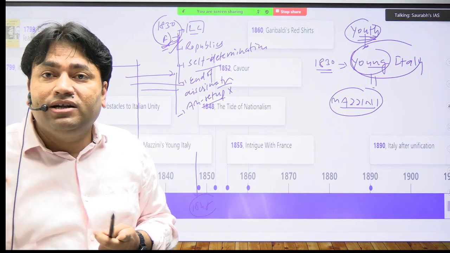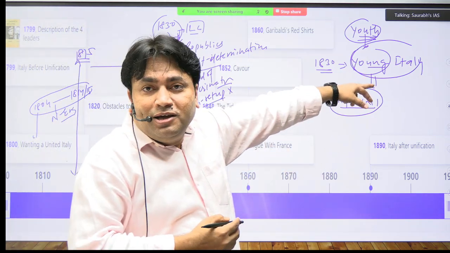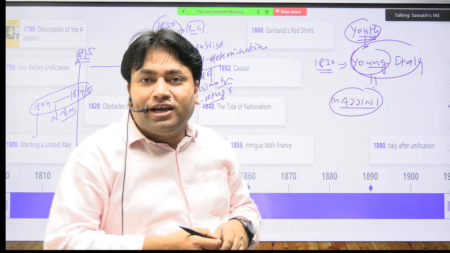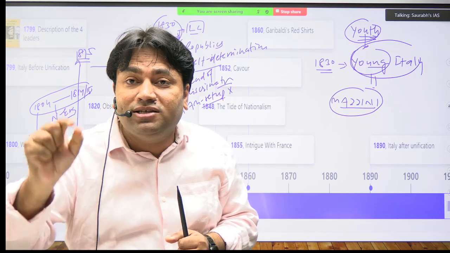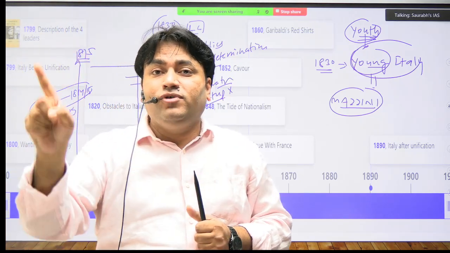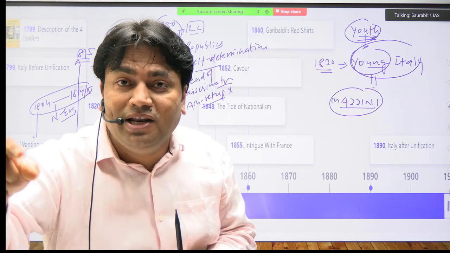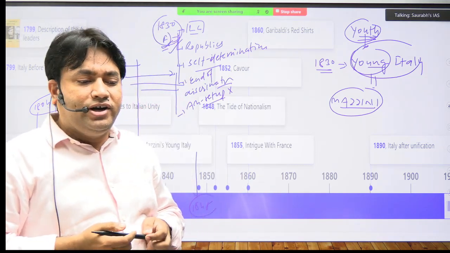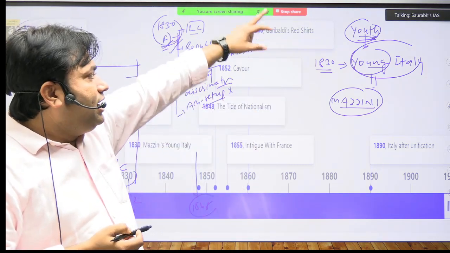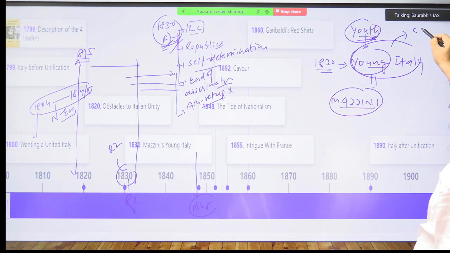The extremist leaders in the Indian national movement were influenced by which personality? Mazzini. They were influenced by the process of unification of Italy and Germany, because they are revolutionary activities. So Young Italy is a kind of what? A secret revolutionary organization in Italy.